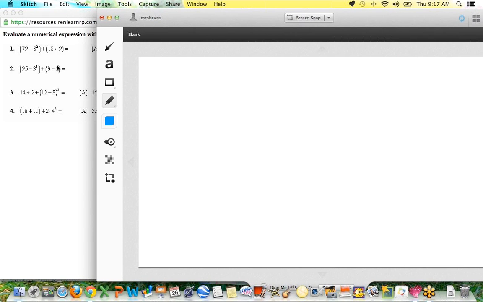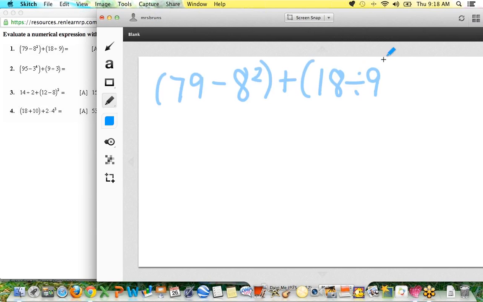Okay, here we go. So this first one, go ahead and write it down with me as I'm doing it, okay? 79 minus 8 squared plus 18 divided by 9. Well, we remember our order of operations as please excuse my dear Aunt Sally, so we know that parentheses come first, and it doesn't matter which one I want to work out first.